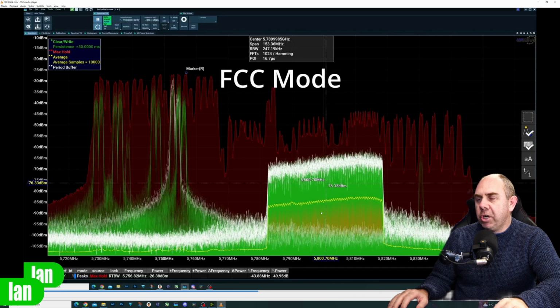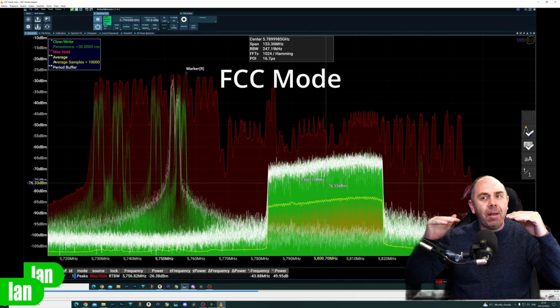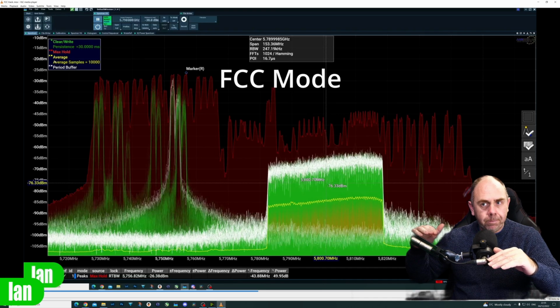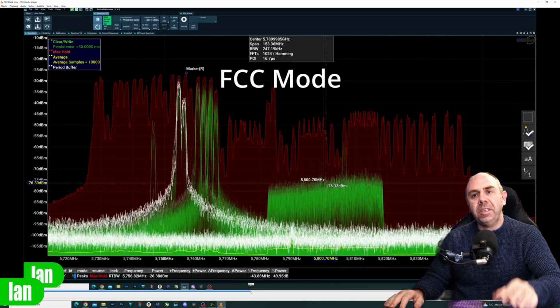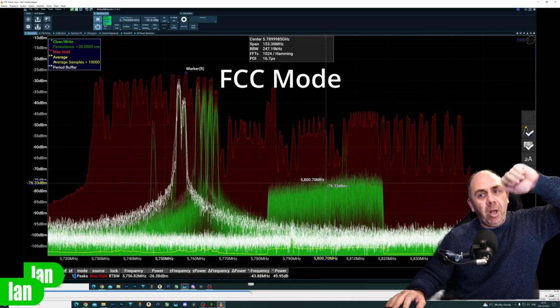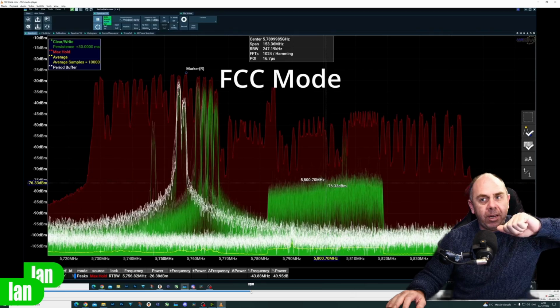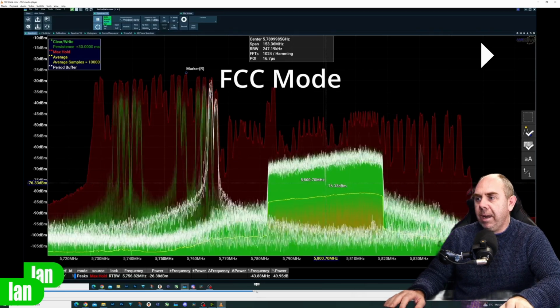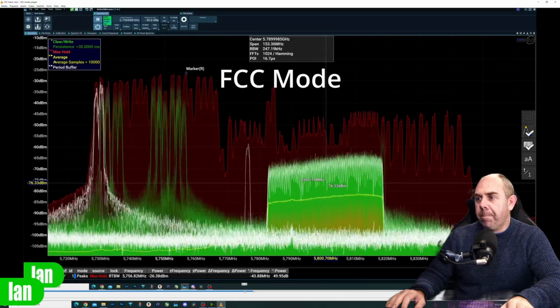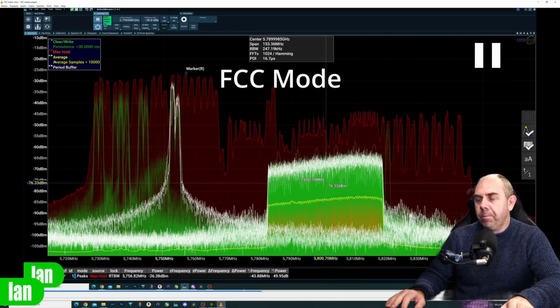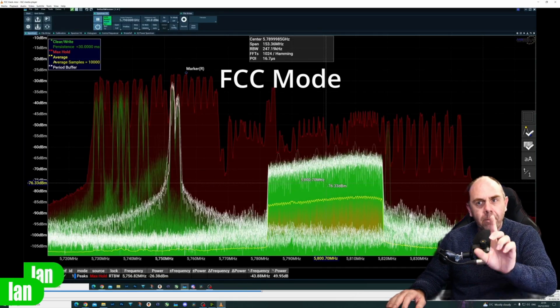Now, in my checks, the drop down level actually looks the same as the ham level. However, it does appear to be the case that in FCC mode, it's actually pulsing to a higher level and then dropping down. I'll just show you it again. There you go. So we'll play it up, and then down. Less than a second, but it's doing it.